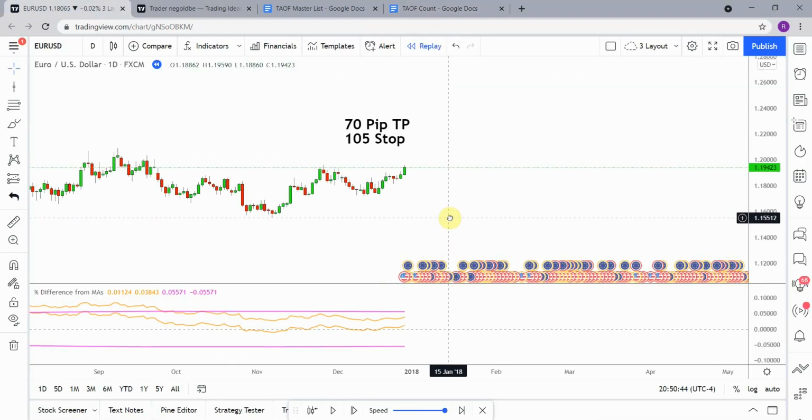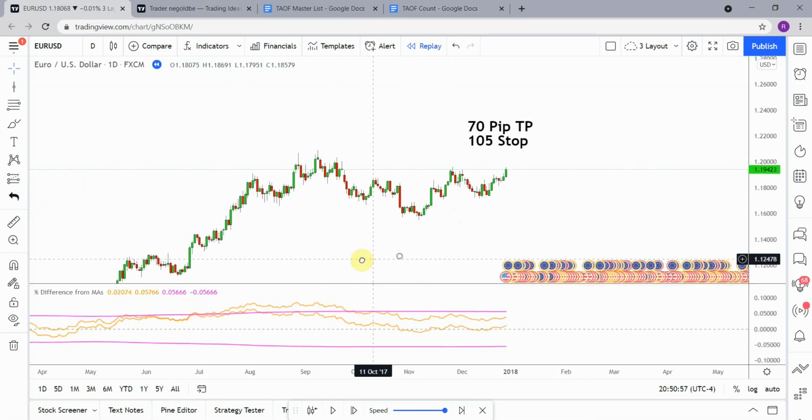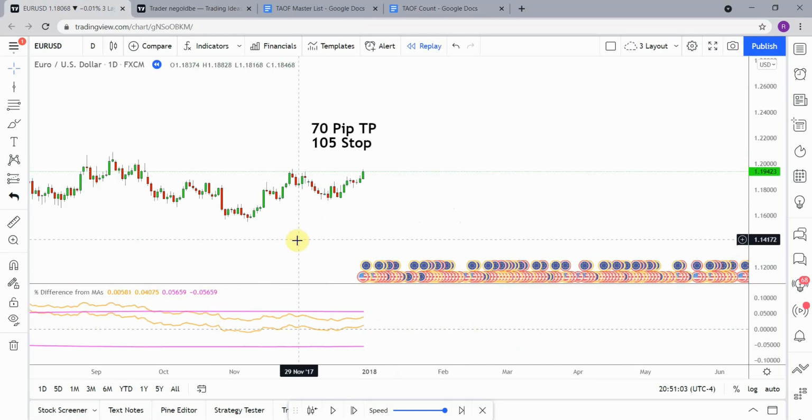Alright, so today's indicator is the percent difference from MA's indicator. You can see it here on the bottom of the screen. I won't go into the details again on exactly how this is calculated or exactly how it functions. Again, that just makes the videos too long.